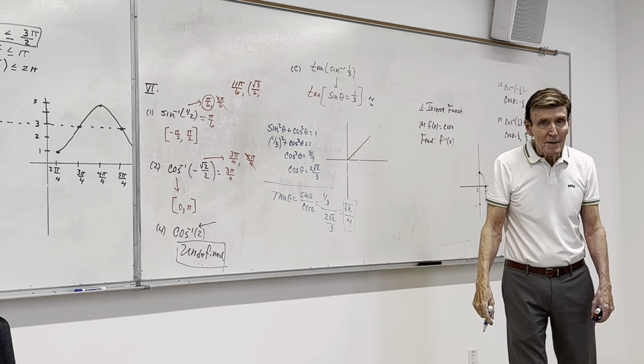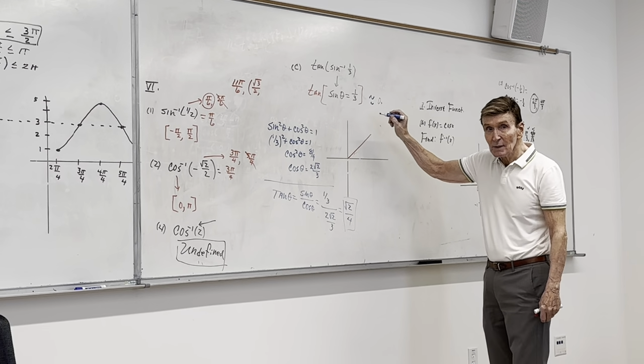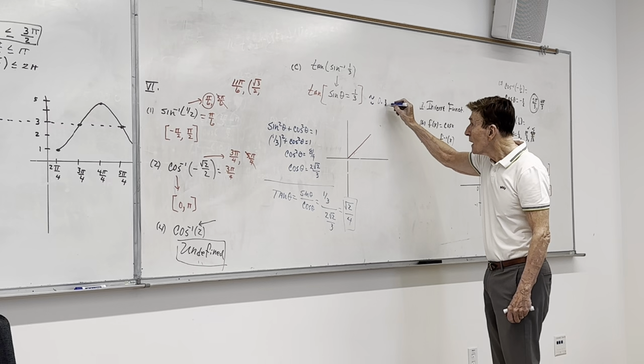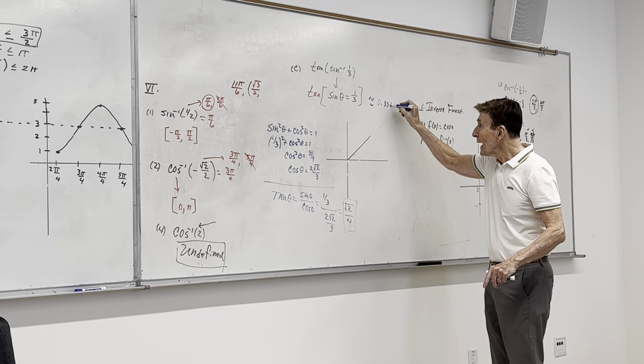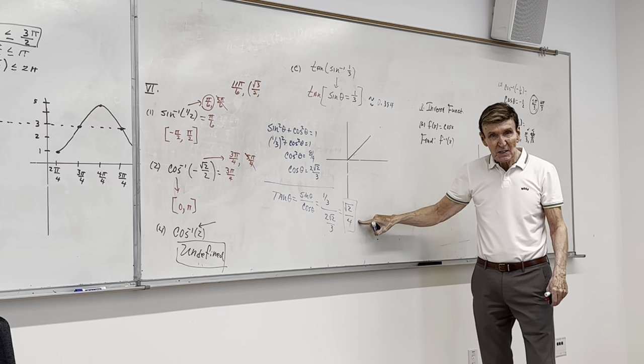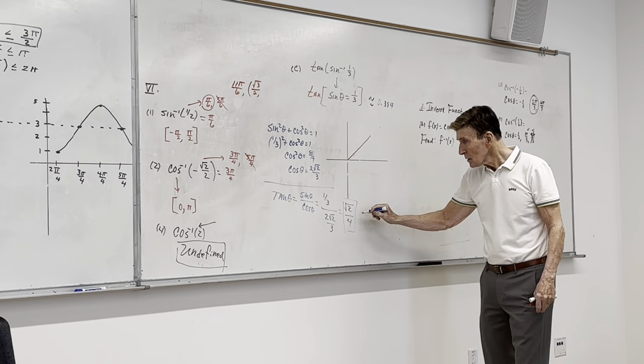Okay, it's like 0.354. Give me another digit. 0.354. Now, Mr. Park, we got this answer. What is radical 2 divided by 4, approximately?